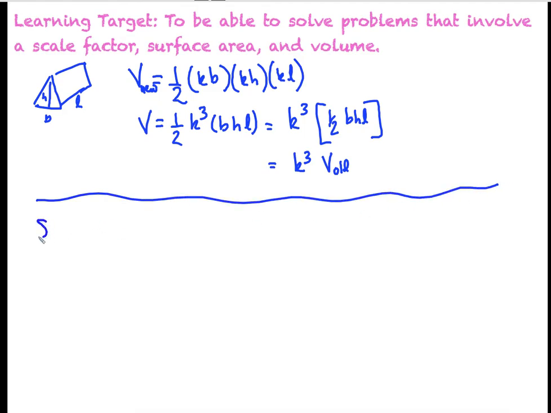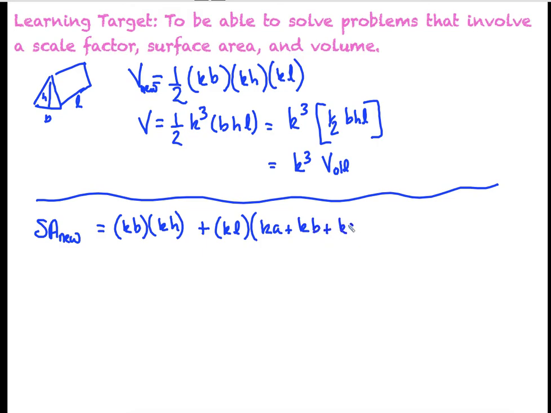So if we look at the surface area of the new one, initially we had base times height, so we're going to get KB times KH, plus, and then we would have had L, so that length is going to be KL now. And even A, B, and C would all have been scaled up by a factor of K as well. So I get K times A plus K times B plus K times C. I can see that I have a factor of K squared, so I've got K squared BH.